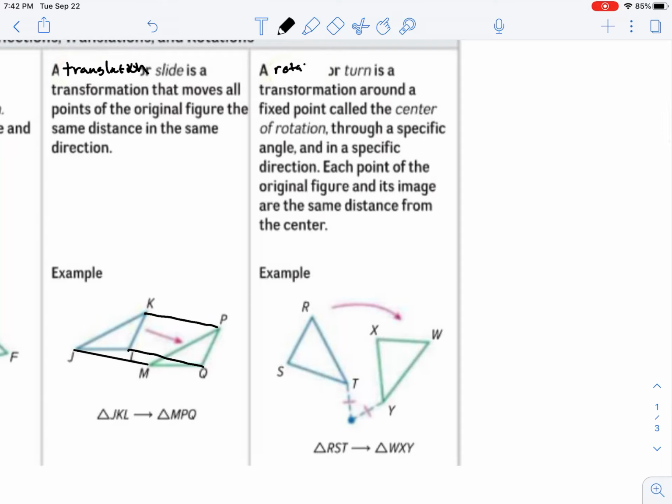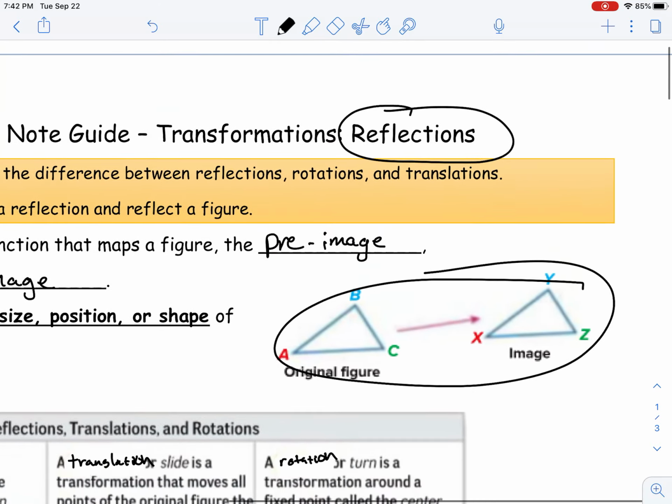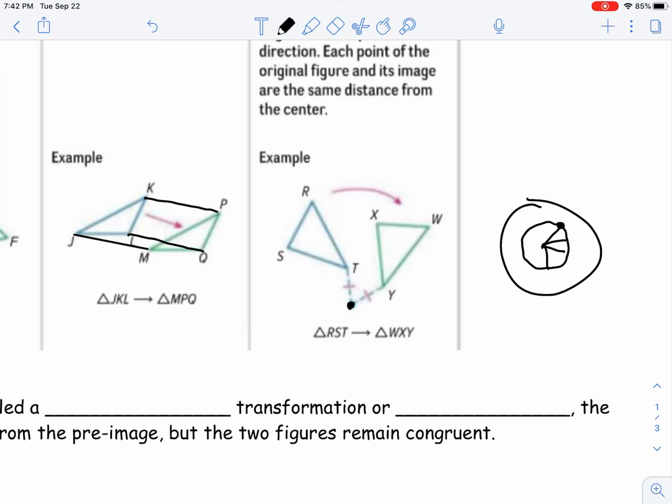Next one, a rotation or a turn is a transformation around a fixed point called the center of rotation. Our center of rotation doesn't have to be on the image, but I think about this like a clock. If I have a clock, and I know that's not a great picture there, the point on the end of my second hand will stay an equal distance around as it's going around the clock.